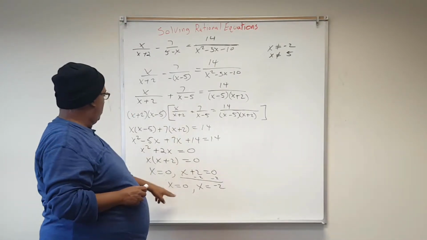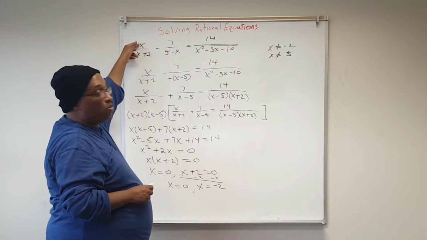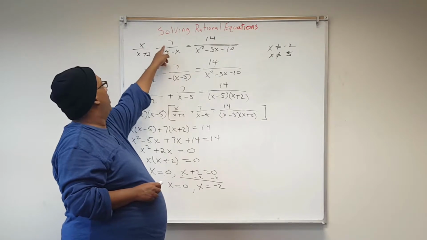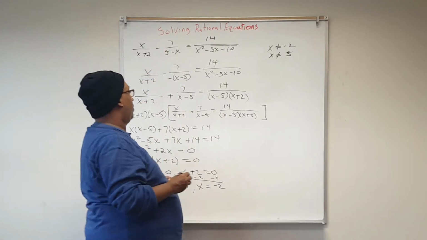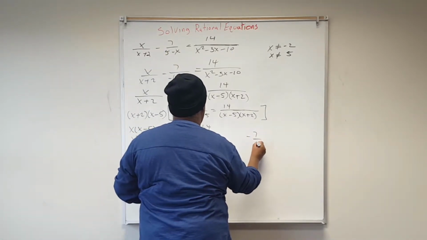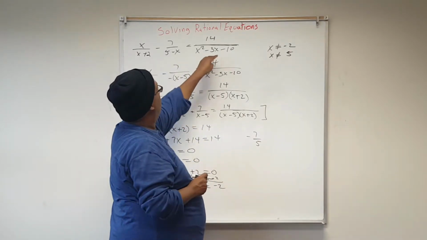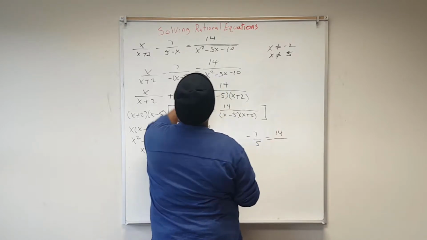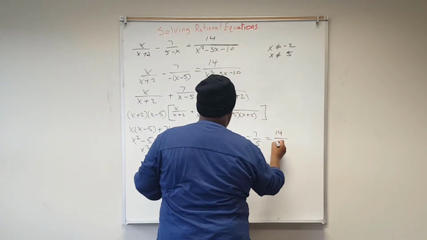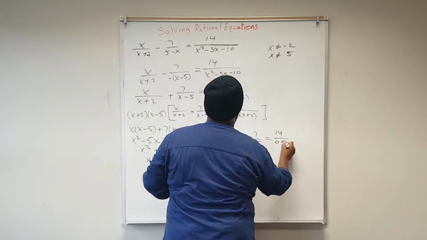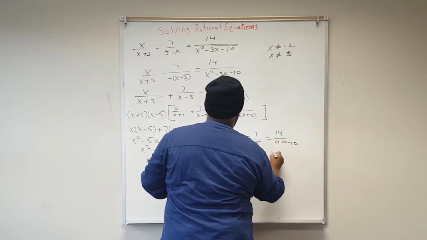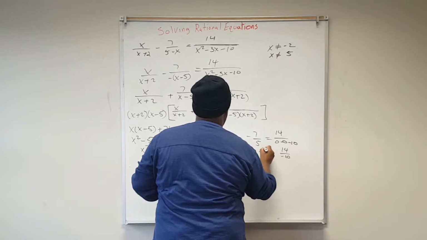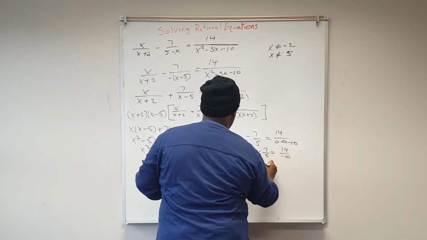If I put in 0, 0 in the numerator makes this 0. 0 here makes this negative 7/5. I'm just going to write negative 7/5. Plugging in 0 here, does that really equal 14 over 0 times 0 minus 0 minus 10, which is 14 over negative 10.